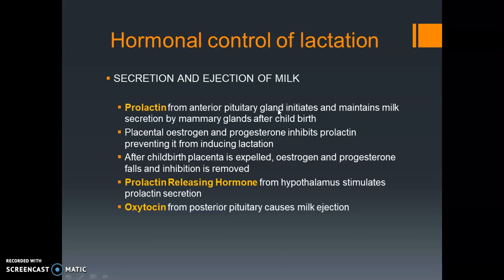It is because the placental estrogen and progesterone inhibit the prolactin. So even though the alveolar cells in the mammary glands are fully developed during the later stages of pregnancy, they do not initiate the secretion of milk because the prolactin hormone is inhibited by the placental estrogen and progesterone.